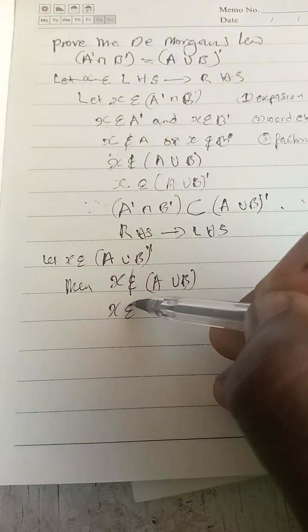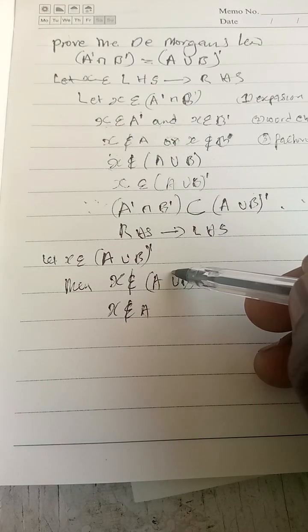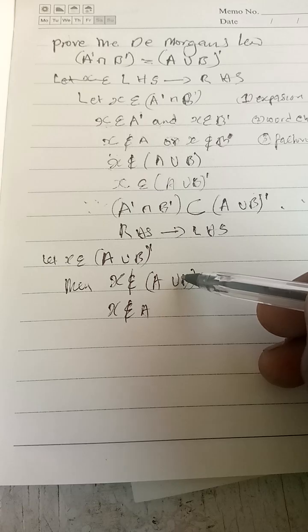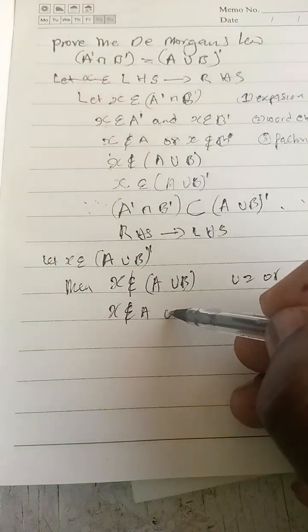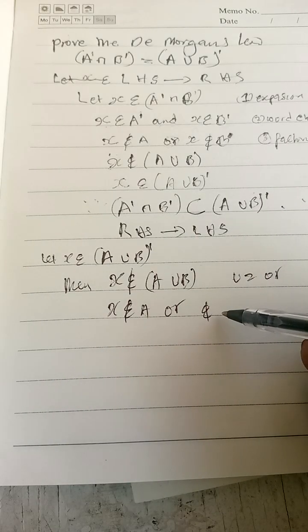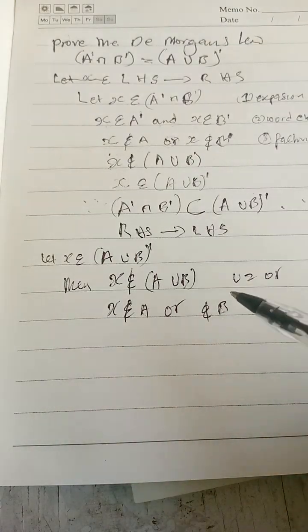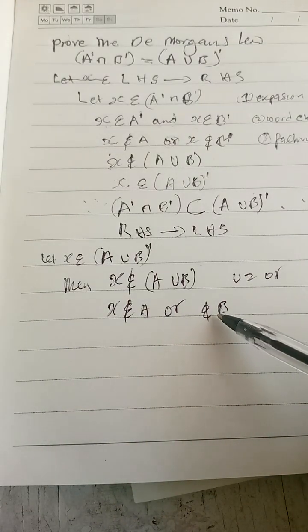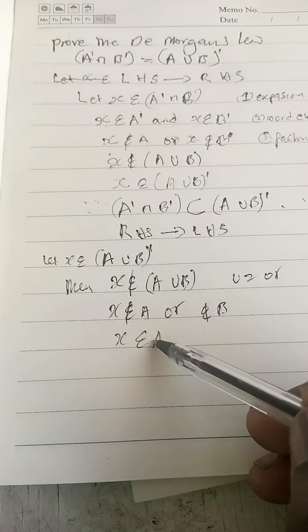So x is not a member of A. Remember we said when you have union, it is equal to OR. So we're going to have OR x is not a member of B. But if x is not a member of A or x is not a member of B, then it means x is a member of A complement.